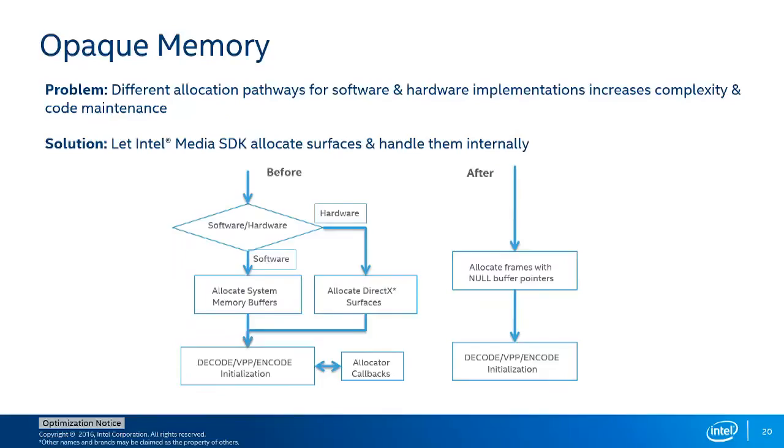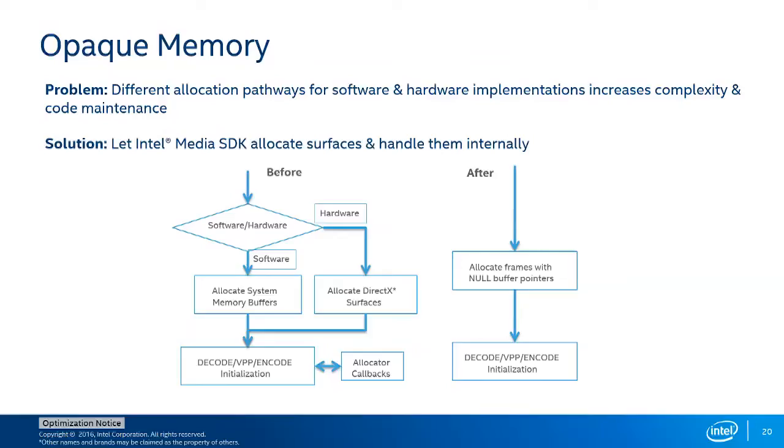Another option which can simplify things is opaque memory. It's called opaque because Media SDK handles the allocations. Some limitations, though, are that the surfaces aren't accessible by the application, which is why it's called opaque. And so if your pipeline includes non-Media SDK steps, an extra VPP opaque memory copy would be required.